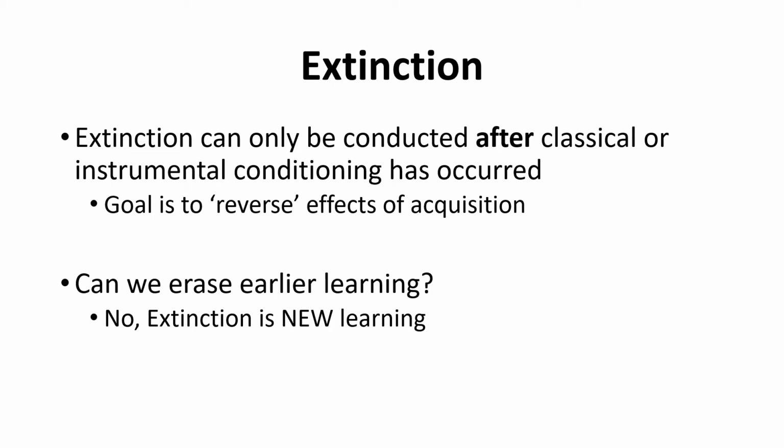As I kind of alluded to on that title slide, extinction is when we're trying to reduce the occurrence of some kind of conditioned behavior. Because of that idea, we can only use extinction after either classical or instrumental conditioning has occurred. As a bit of a refresher, for classical conditioning, we have our conditioned stimulus that we would pair with an unconditioned stimulus, and we would get an increase in responding to that conditioned stimulus.